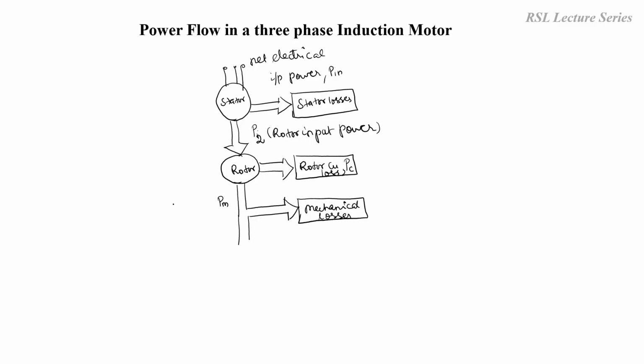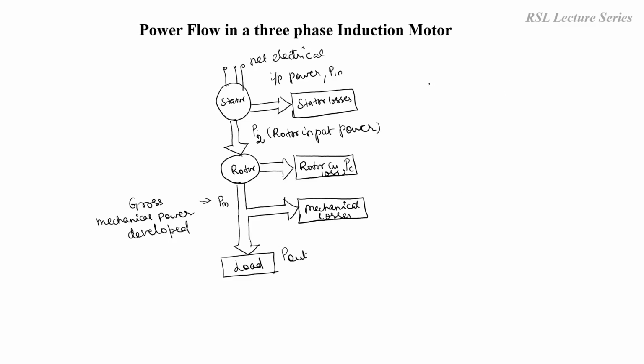So this PM is nothing but the gross mechanical power developed in the motor, or the rotor. This PM minus these losses will be given to the load, or will be the power available at the shaft of the motor for doing useful work. This is nothing but the power output.